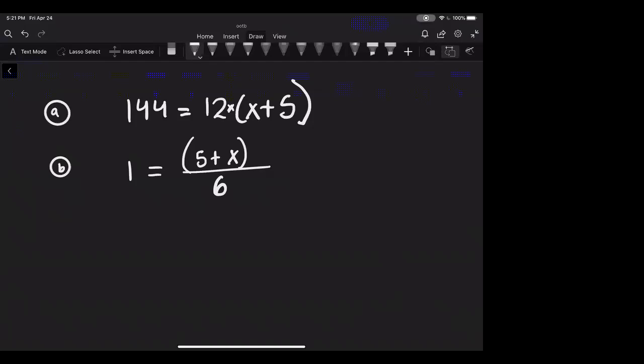Is the first one answer 7? Let's see. Yes, it is. Good job. But I have another question. Why is it on the brackets 5 plus x? It doesn't matter. It can be either way. And for the division one, what's the top number? What do you mean?